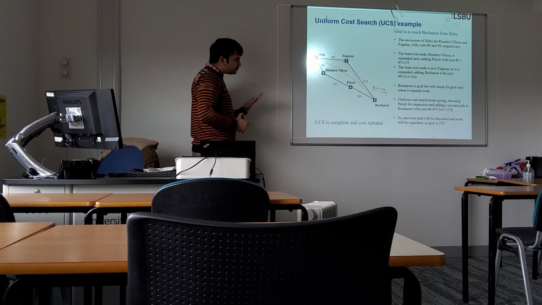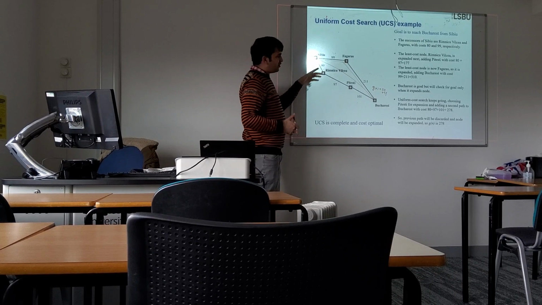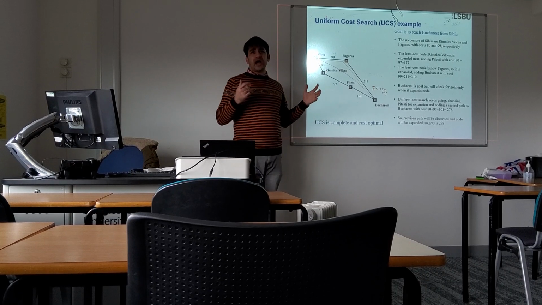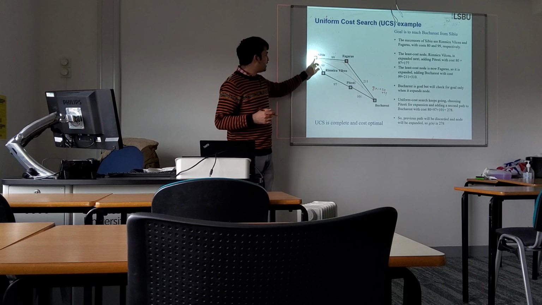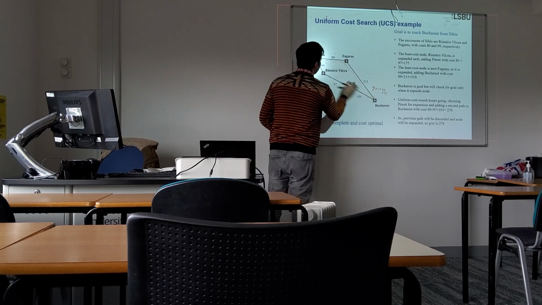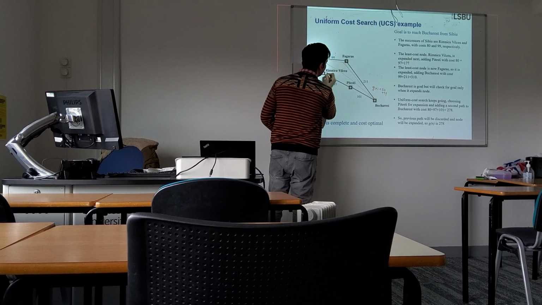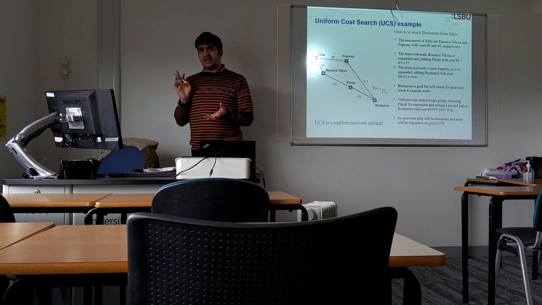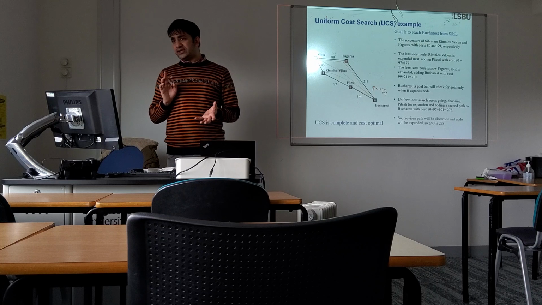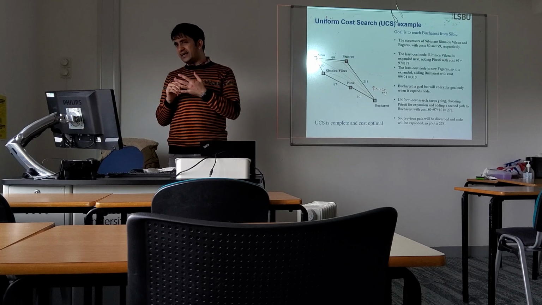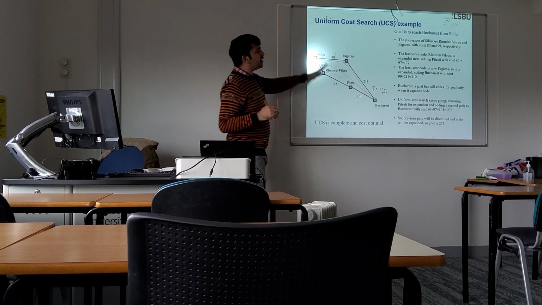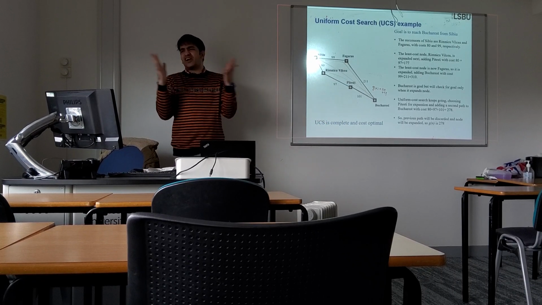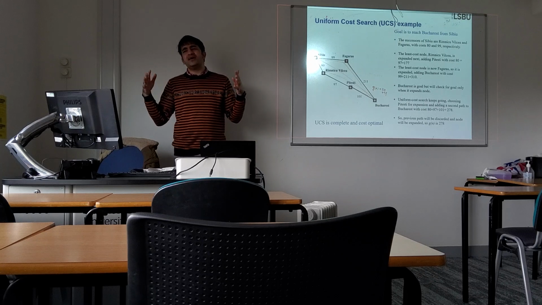But for the sake of the algorithm, not to have the actual value, I can simply take straight line distance. This would not be a path cost, but it can give us a rough idea of how far we are from the final location. This can be calculated in a number of ways.